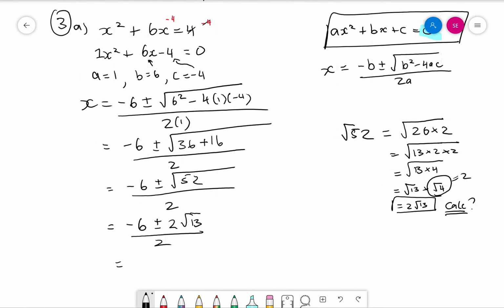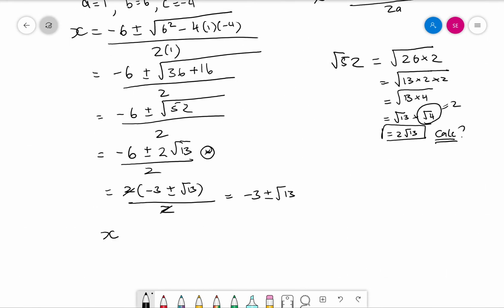So we can see that 2 is a common factor here on the numerator. So we'll take 2 out. And we'll get minus 3 plus or minus the square root of 13 on 2. These 2's will cancel, and you'll just be left with minus 3 plus or minus the square root of 13.